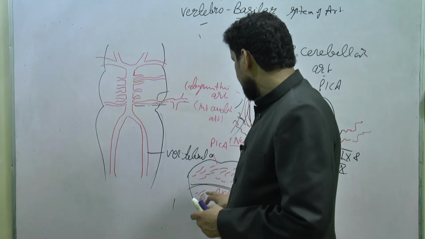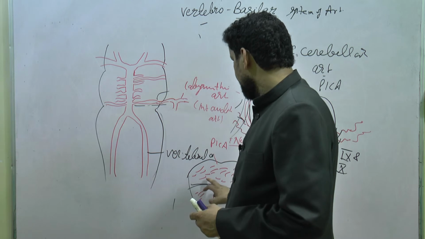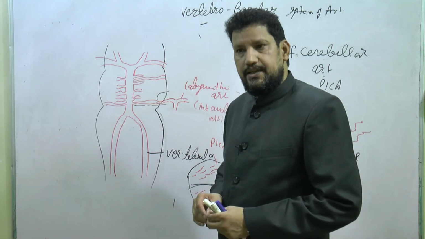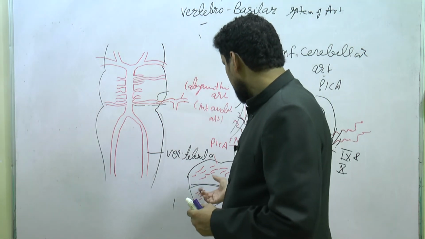The anastomosis between the branches of AICA and PICA takes place on the inferior surface of the cerebellum.